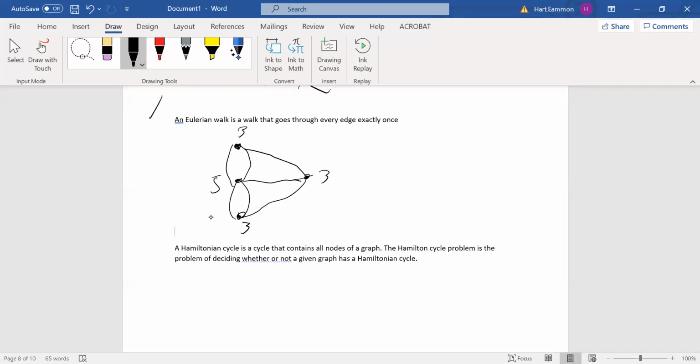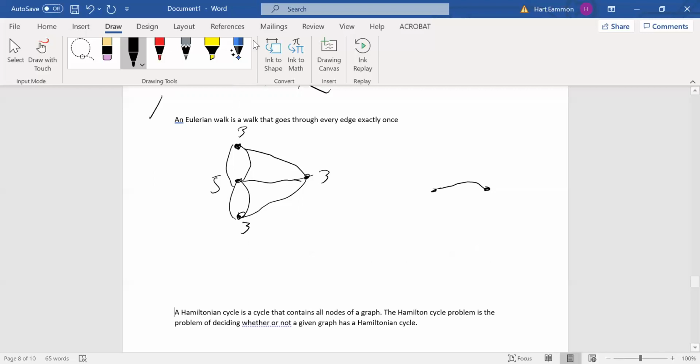If the first and last are distinct, then we can have, to give you the simplest possible example, 2 vertices of degree 1: we start off at one and then we go to the next one. So we can have at most 2 of odd degree. But here we have 4 of odd degree. And if we have more than 2 of odd degree, then there is no Eulerian walk.